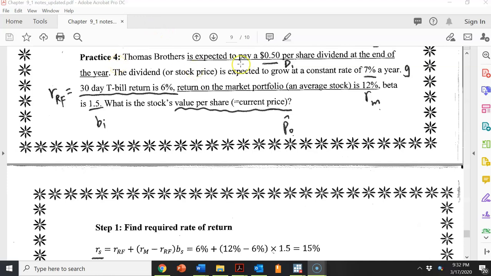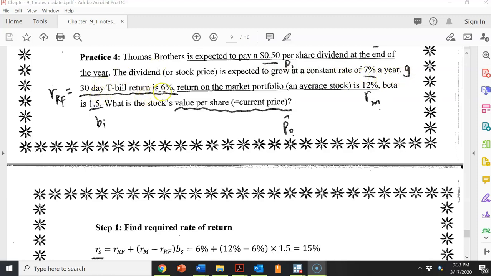Practice 4. This firm is expected to pay a dividend of 0.5 per share at the end of the year, so it's D1. Dividends are growing at a constant rate of G, 7%.